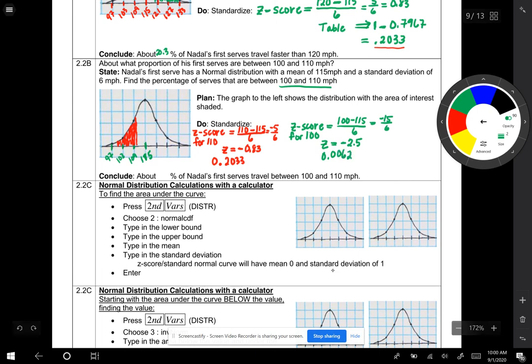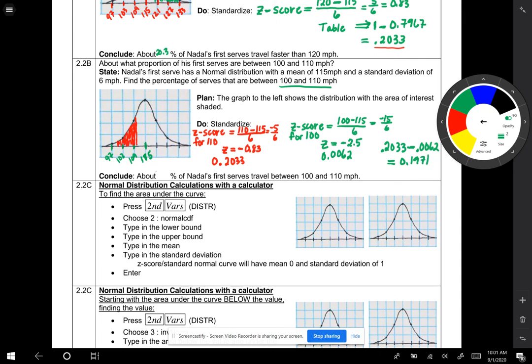So to find the area, you're going to take the upper bound's area minus the lower bound's area. That'll give you 0.1971. And that makes total sense that that could be that percentage.